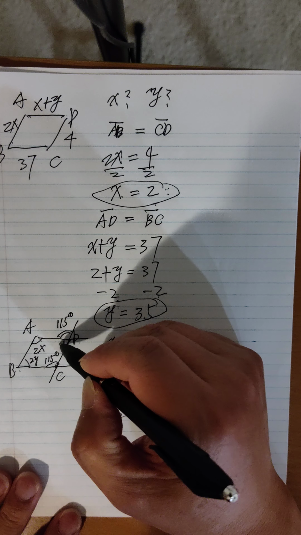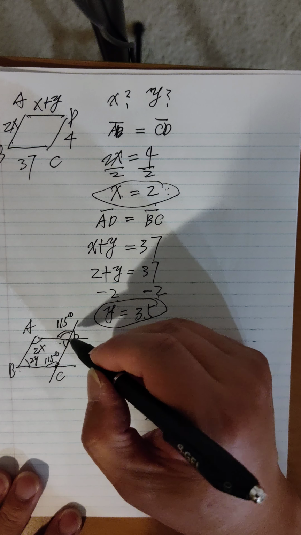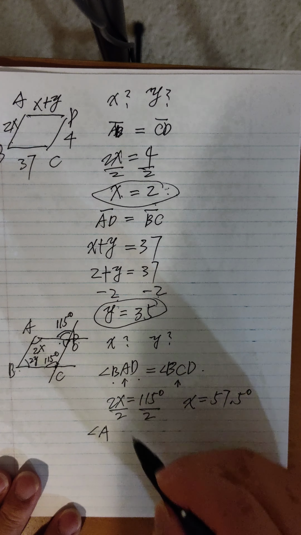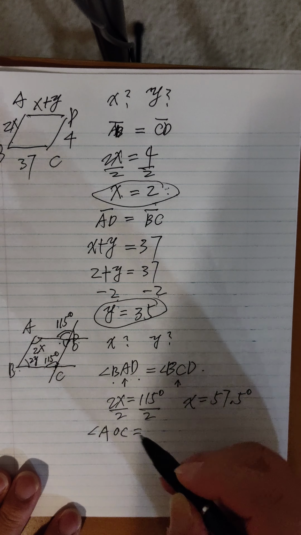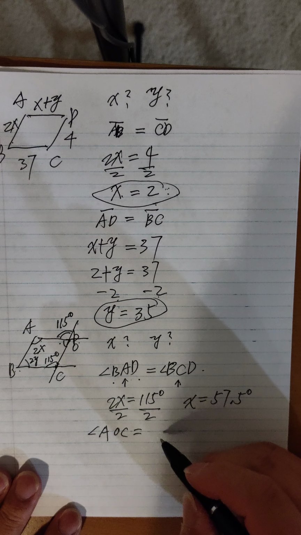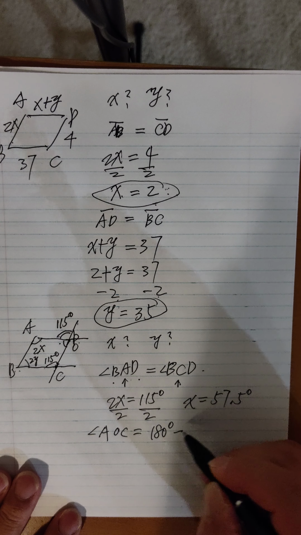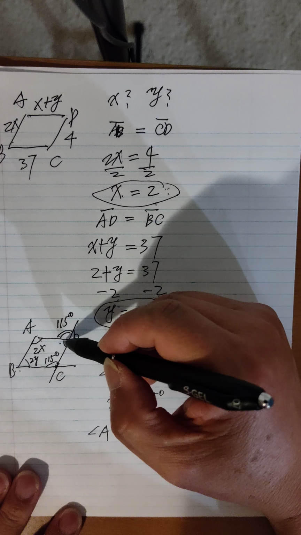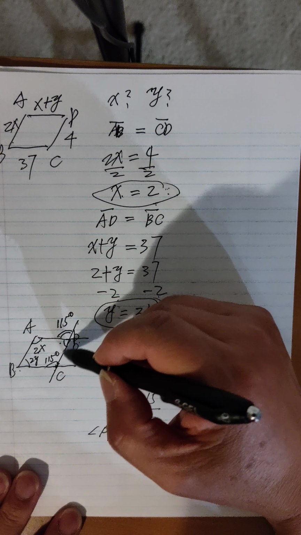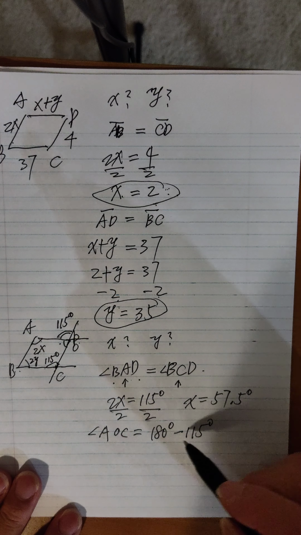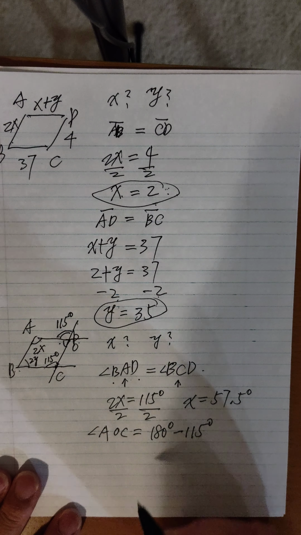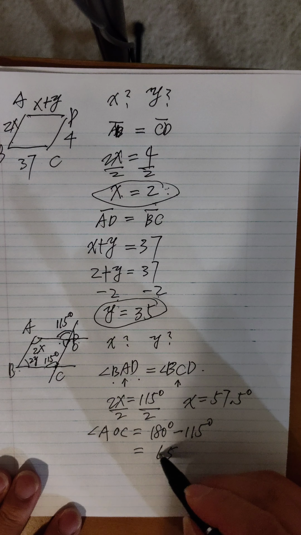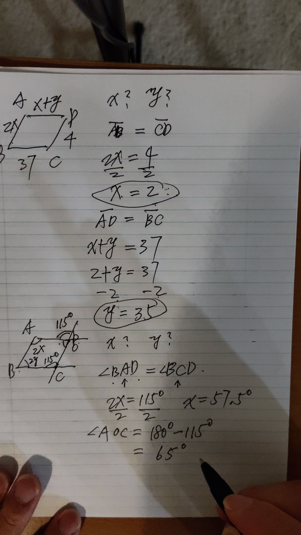So that angle right here, angle AOC, let's say this is O, is going to be equal to 180 degrees subtract 115. Why? Because this angle plus this angle is a straight line, which corresponds to 180 degrees. So that is going to be 65 degrees.